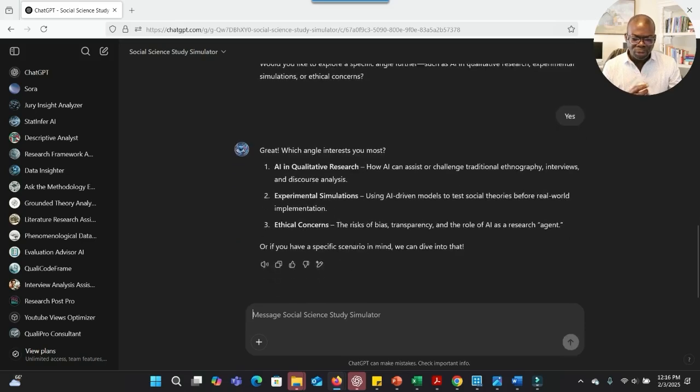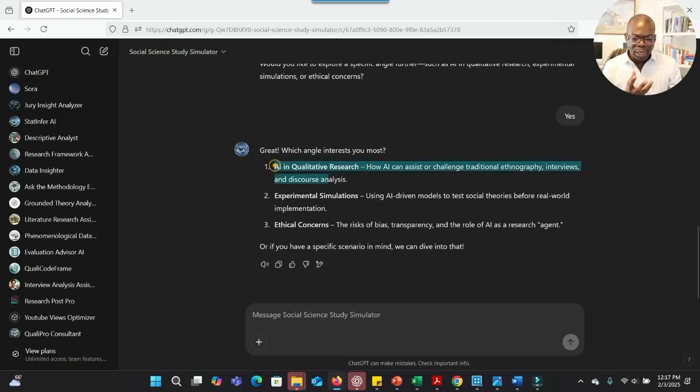So it's giving you some ideas: you can do AI qualitative research, and these are the things that you can focus on. You can do experimental simulations using AI-driven models to test social theories before real-world implementation, right? You can also focus on ethical consent. So it's giving you ideas about what kind of areas you may be able to focus on.